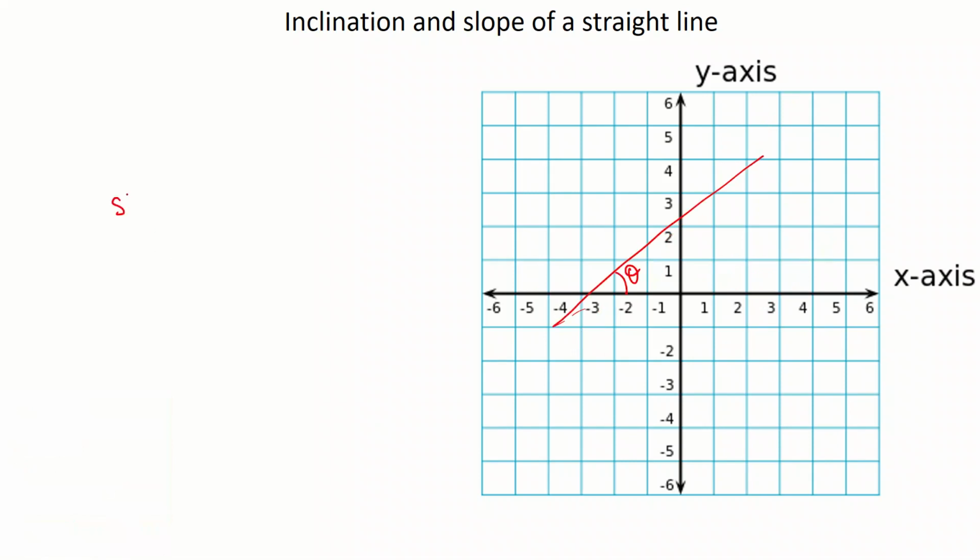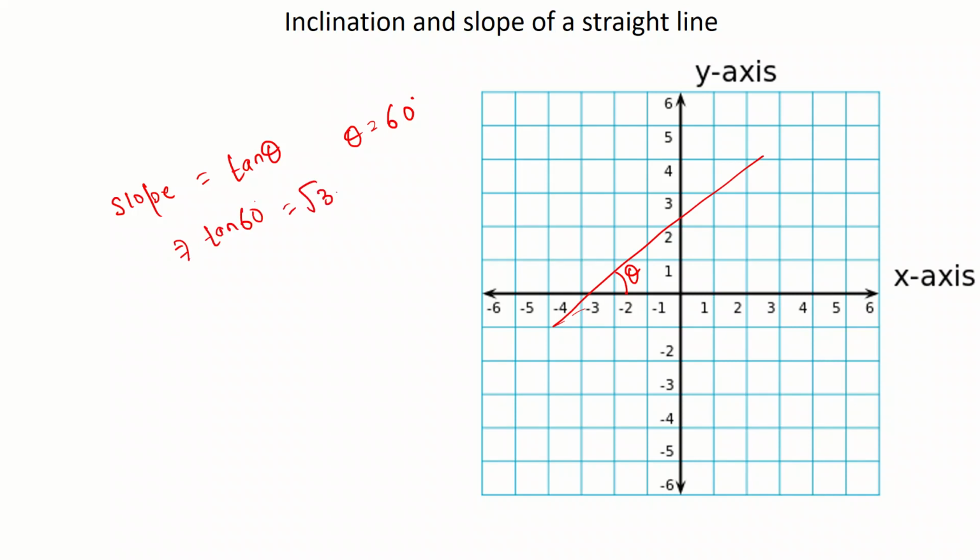Then the slope of the line is given by tan theta. This is the definition of the slope. So whatever is the inclination, suppose theta is 60 degree, that means the line makes an angle of 60 degree with the x-axis. Then in that case, the slope becomes tan 60 degree, which is equal to root 3.